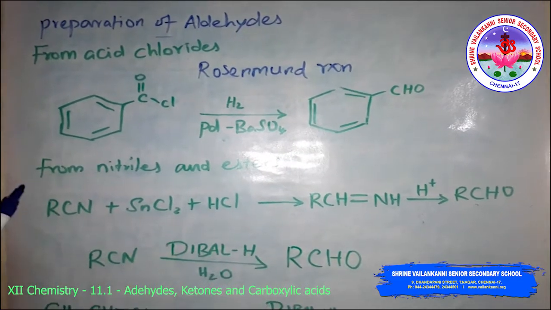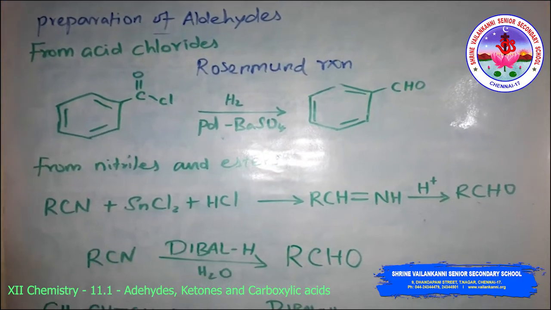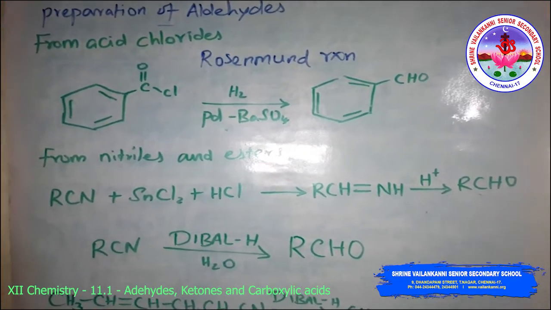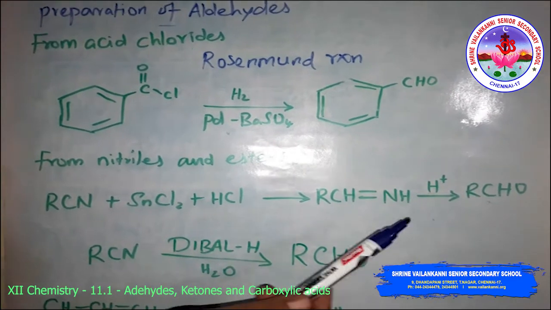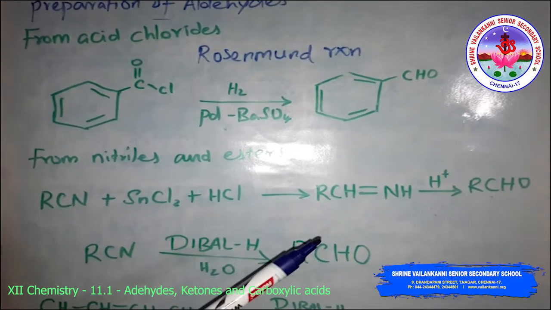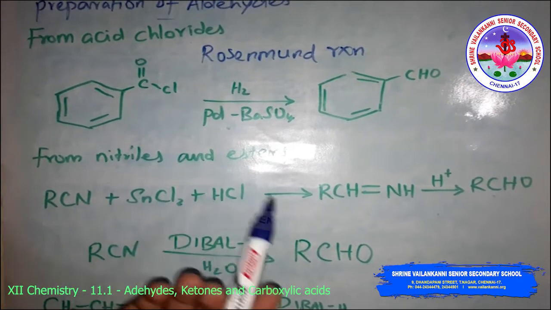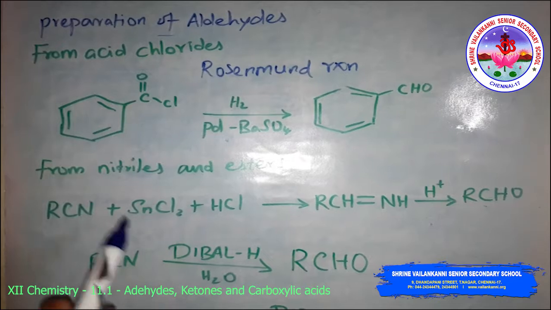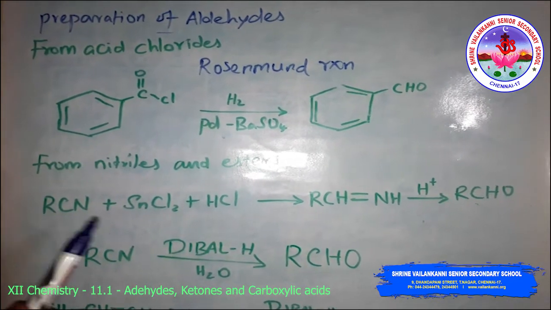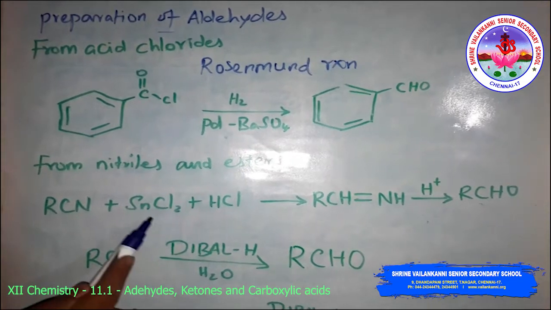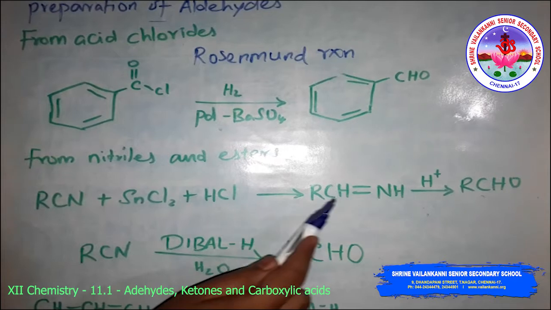Next, the preparation method is from nitriles and esters. Nitriles are reduced to the corresponding imine with stannous chloride in the presence of hydrochloric acid, which on hydrolysis gives the corresponding aldehyde. Look at this nitrile compound. It reacts with stannous chloride and HCl to form imine.